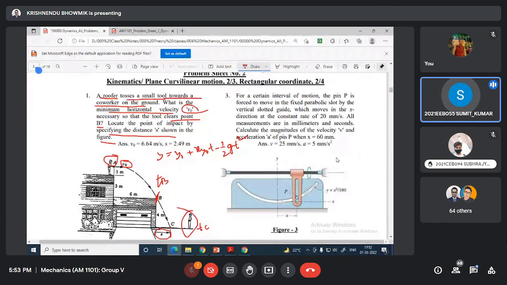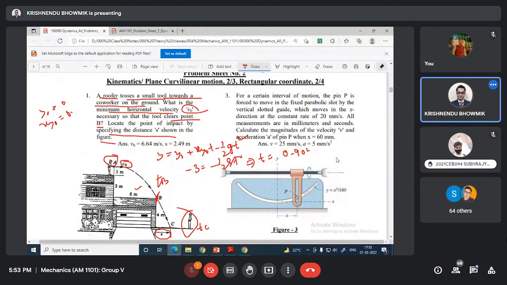So here we can use the formula for range. Yes, you can apply the formula for range also. Sir, you can, but that will be simple too. No, y0 equal to 0, vy0 equal to 0. If you write -3 equal to minus half g t squared, then you can get t easily. t equal to say 0.903 second.